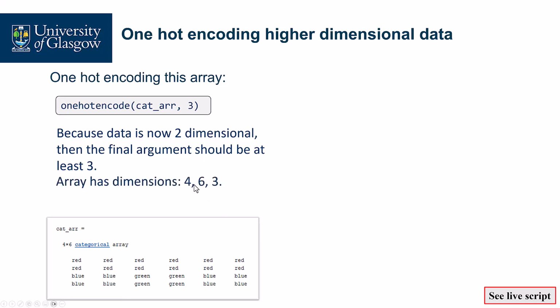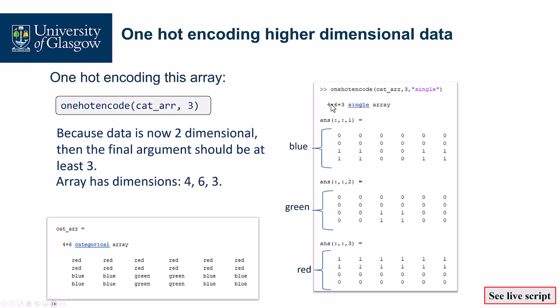If you have 4 by 6 by 3, so 3 is the layers. So we can see the result is here. 4 by 6 by 3, single array, right? So we can see the first layer, the second layer, the third layer. So this layer refers to the blue. This layer refers to the green. This layer refers to the red. So this is one-hot encoding of a higher dimensional data.